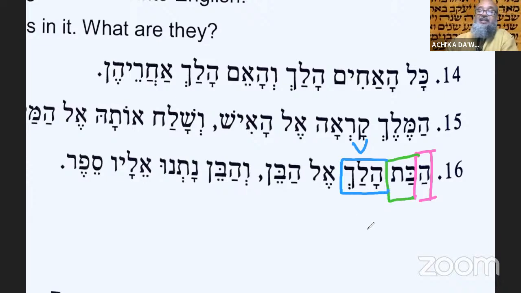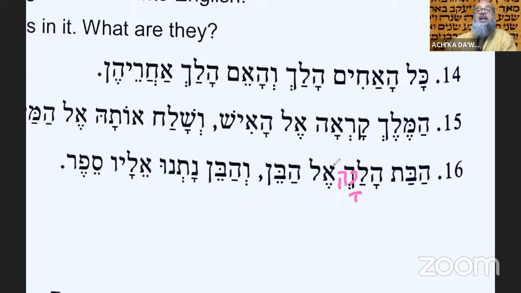It should be a hey, then a lamed, then a kaf, and then here, halakha. That's what it should have been. Halak is third person masculine singular. Anytime you have three letters, it's third person masculine singular. But we're not talking about a masculine singular. We're talking about a feminine singular. That's what it should have been.